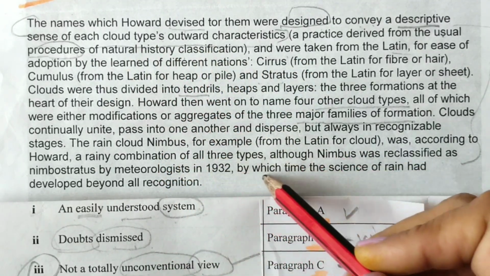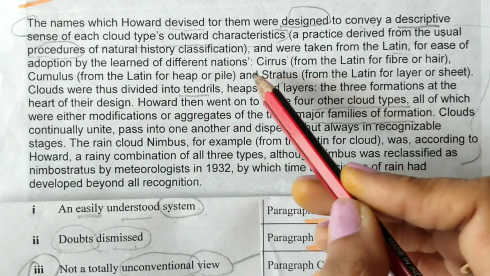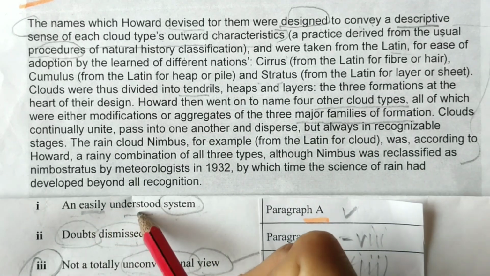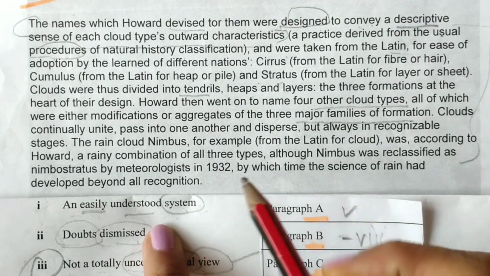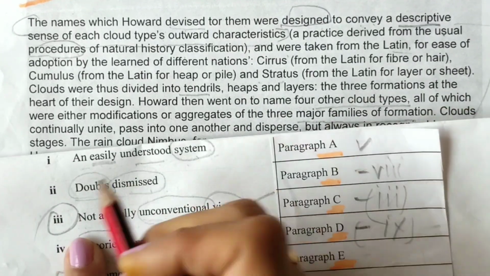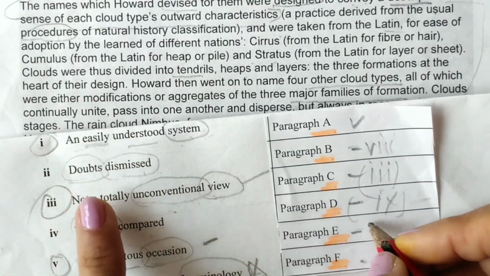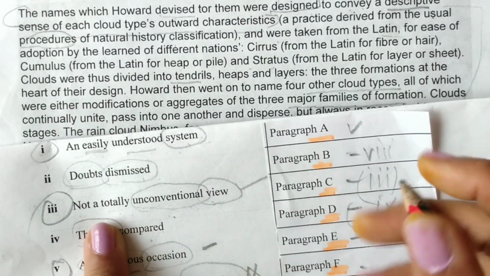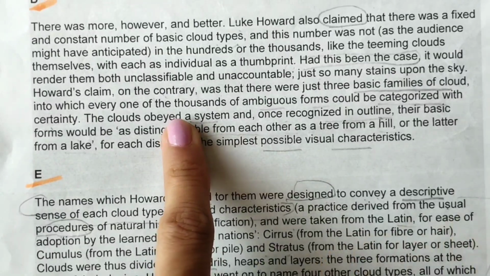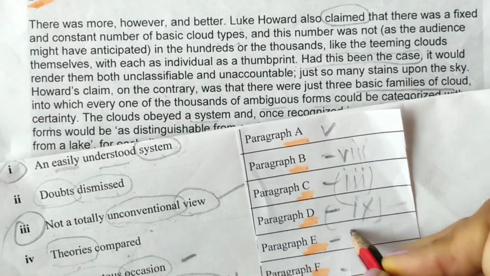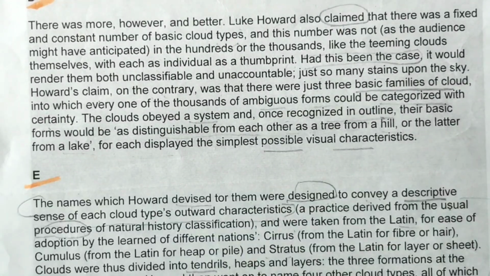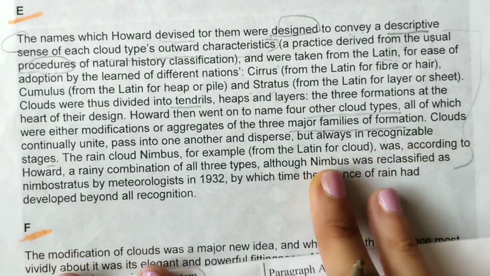Now here they are just explaining everything in simple language and in an easily understood system they have given. Okay, so for this paragraph, I got it, but for D paragraph my answer was wrong. So here first I can select. Okay, now E we have done.